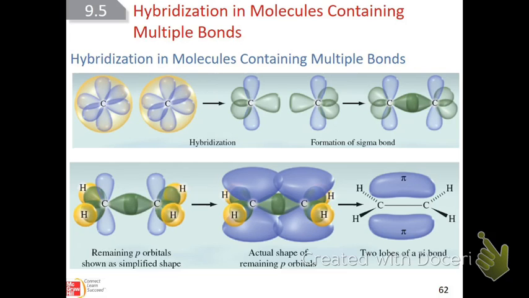Okay. However, if it's with the p orbitals, then they're called pi bonds.